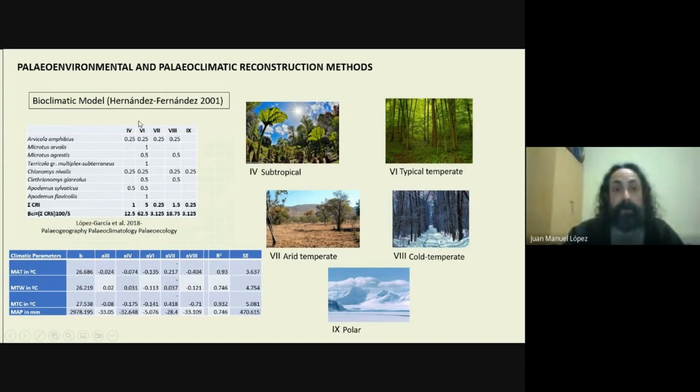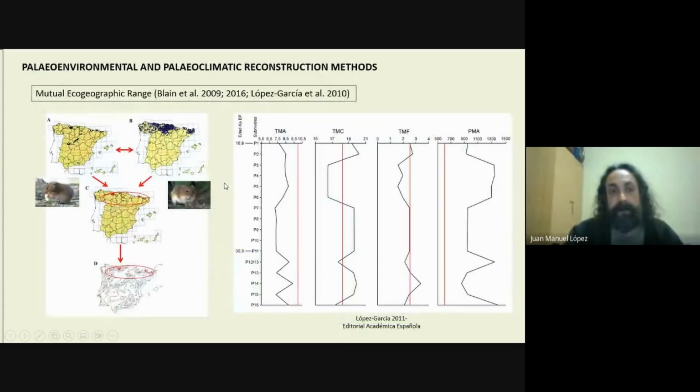Also, we use other methods to reconstruct the climate, also with the partition of the small mammal assemblages in different kinds of climates, in this case with different formulas to calculate mean annual temperature, warmest month or coldest month, or mean annual precipitation.